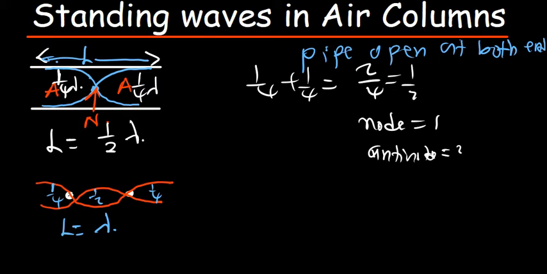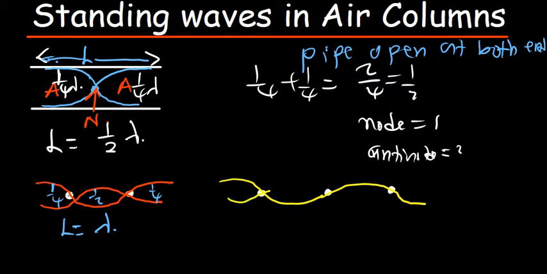One thing we need to understand now is that if I have 3 nodes, let's start with the 3 one. It is open at both ends.